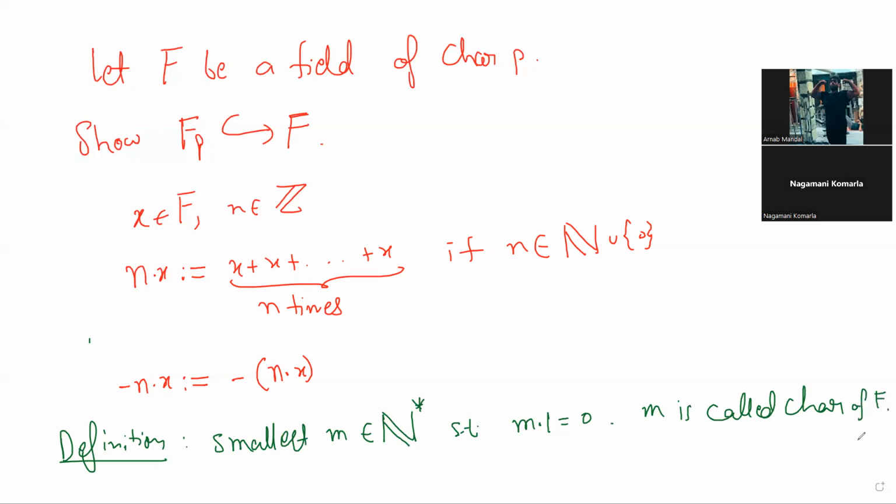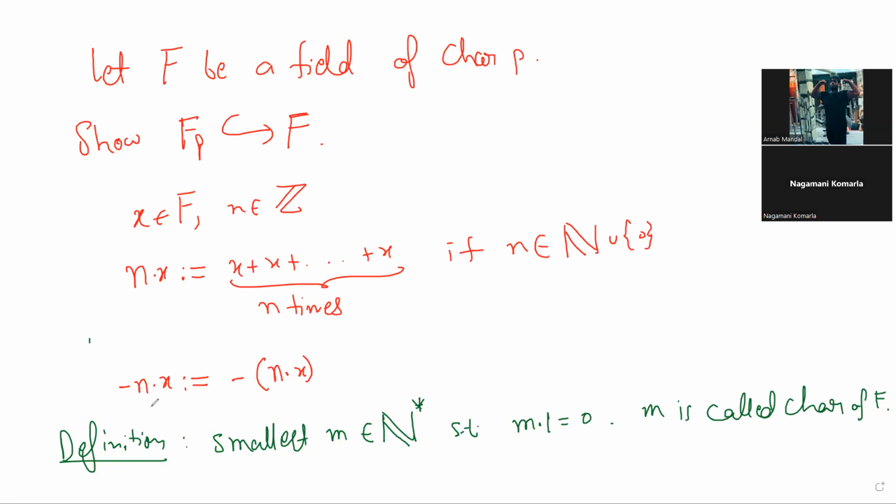Is this fine? Does it look okay? Aryan, does it look okay, the definition? Yes, yes, sir. It's fine. But what if such an m did not exist? Then the characteristic is called 0. So the definition is incomplete in that sense, right? So you have to write some things.